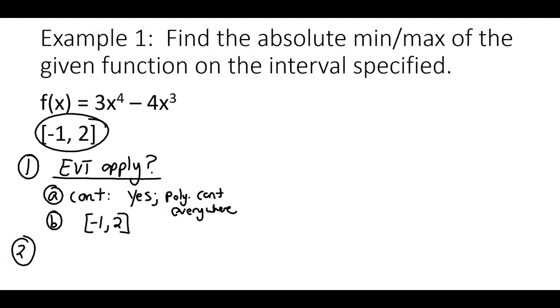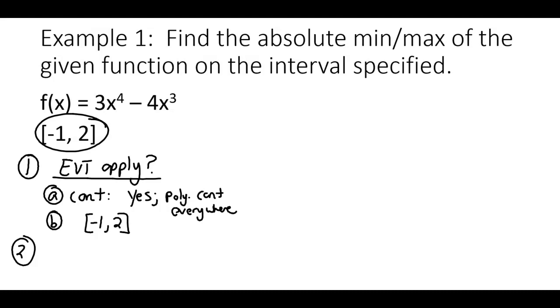I got a question. If it was not continuous or if it was not in brackets, then you just need to stop? That's a good question. You would not be sure it exists if it's not continuous. Now, I will give you some situations where there are not brackets. What that will end up doing is getting rid of maybe a minimum or a maximum, but we'll still look for them.